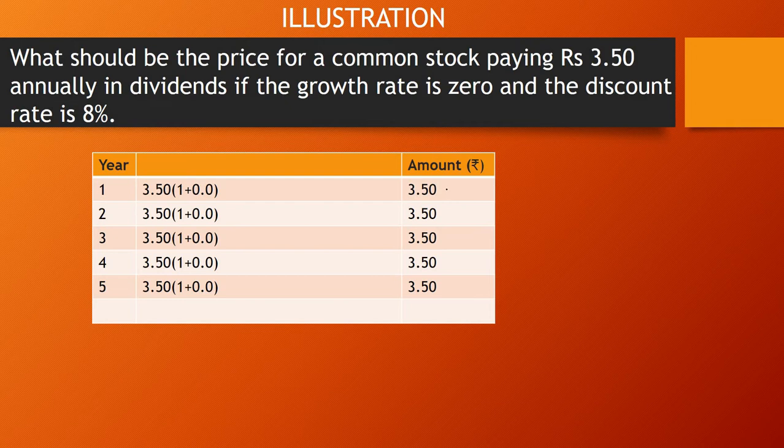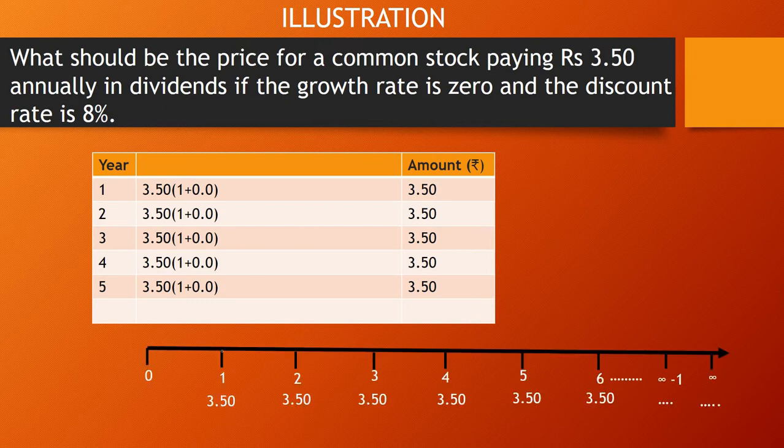If I put all these dividends on the number line, you will observe that at the end of year 1 you get a dividend of 3.5, again at the end of year 2 you get 3.5, at the end of year 3, 3.5 and so on. Even till infinity, your dividend will be 3.5 only.